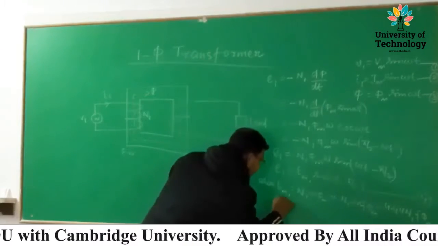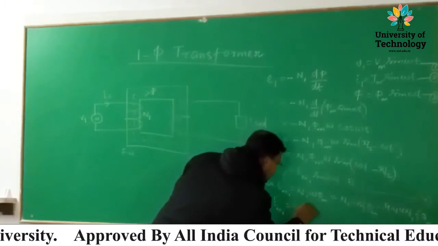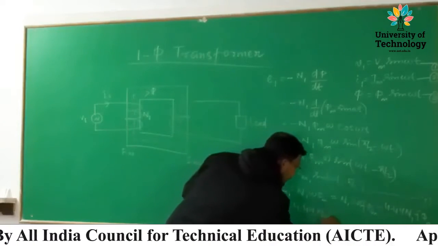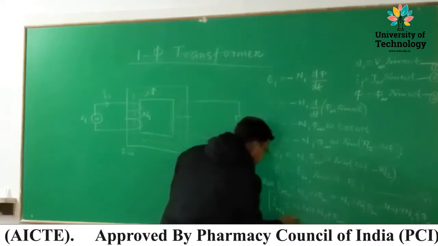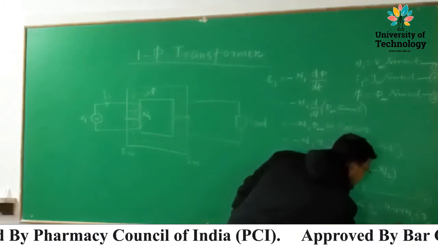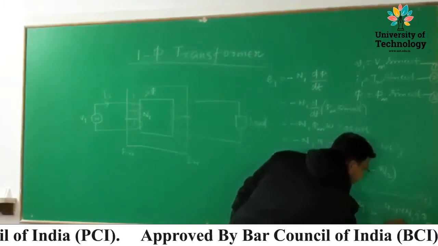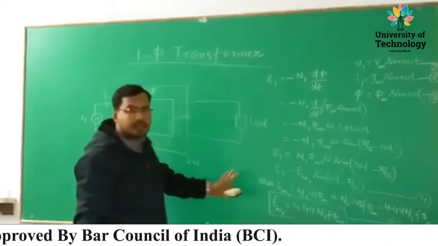So finally Em1 is equal to 4.44 N1 f phi m. Now this EMF is the maximum value of EMF which is induced in the primary winding of the transformer.